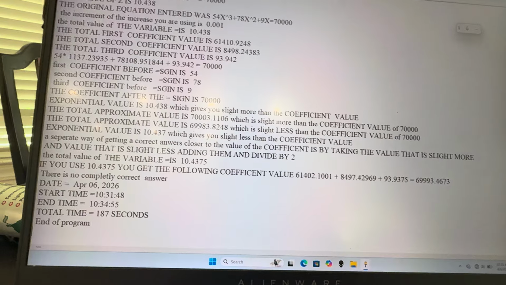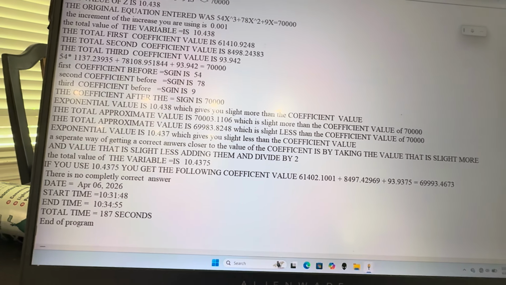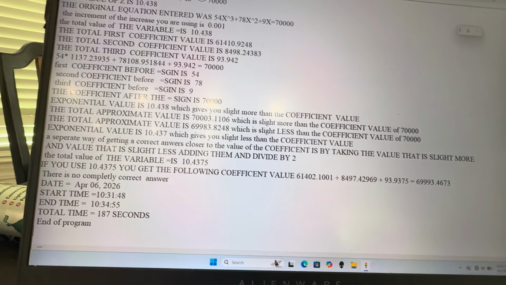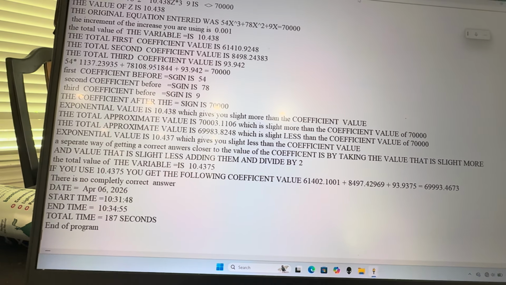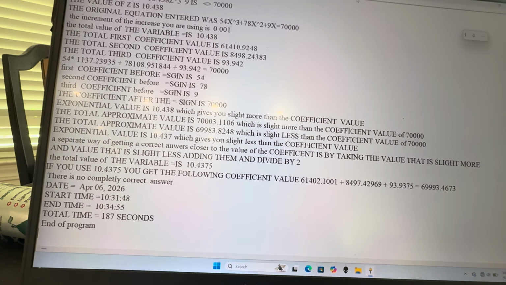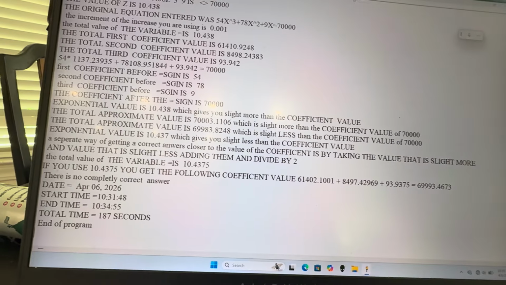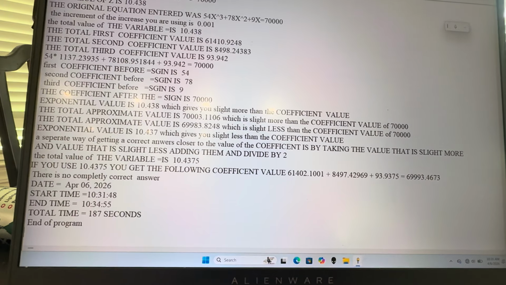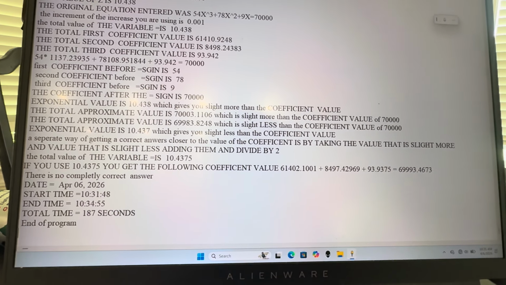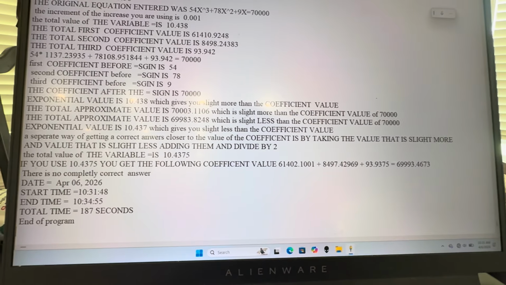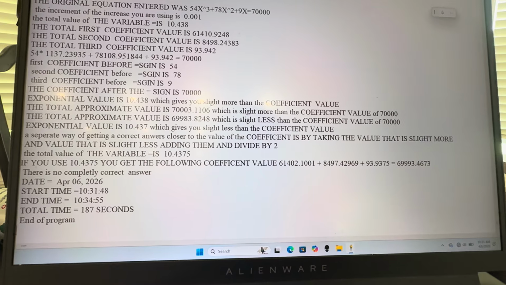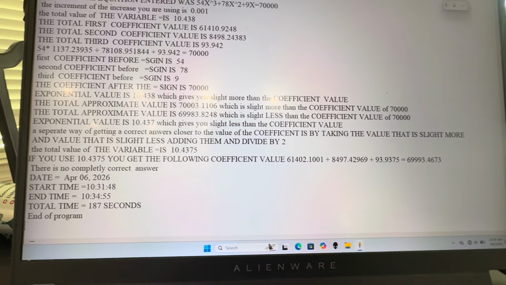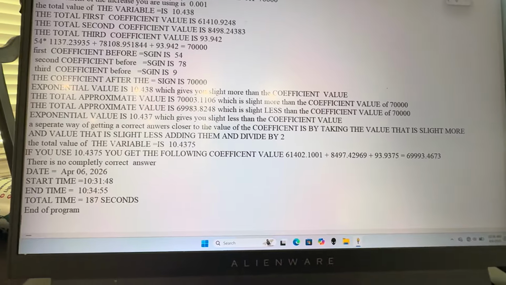If you have a slightly lower variable, 10.437, you get 69,983.824. If you take those two, add them and divide by 2, you get 69,993.467, and you get the variable 10.4375, which is slightly closer.